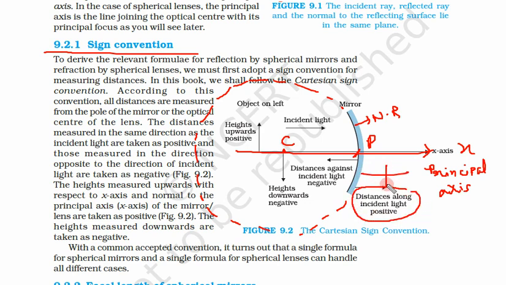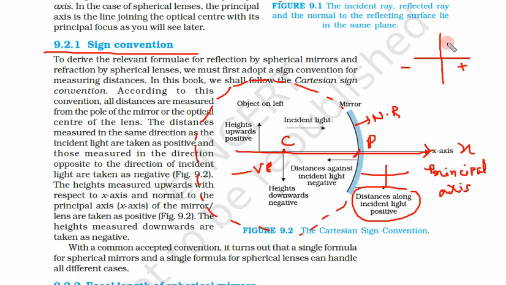Distances against the incident light are negative. So this side, the left side, is negative, as we do in the Cartesian system: right x is positive, left x is negative.